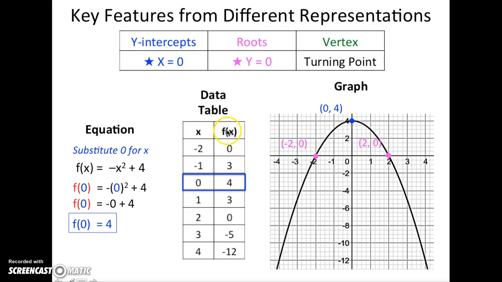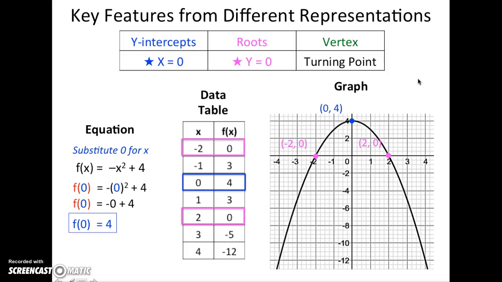The x column or the y column? Remember, f of x is y. Cool, the y column. And what are you going to look for in the y column? 0. All right, so you're going to scroll down until your eye finds zeros in the y column, and then you're going to look over for the x value. And these are the coordinates of the two roots.